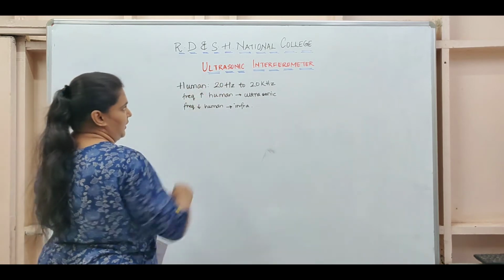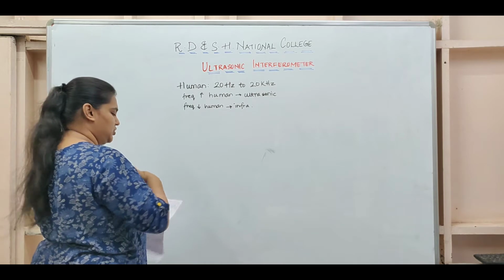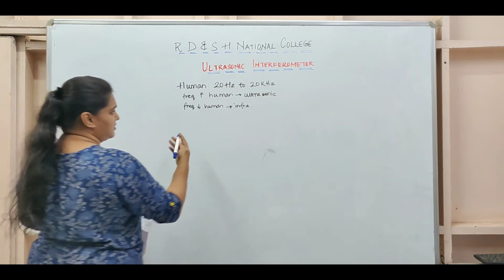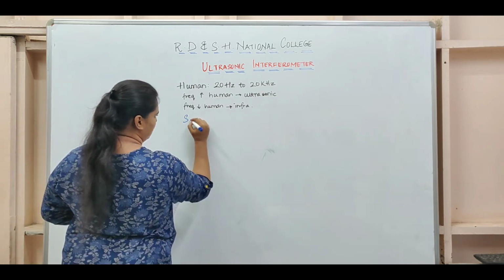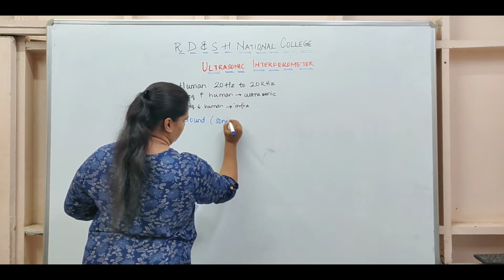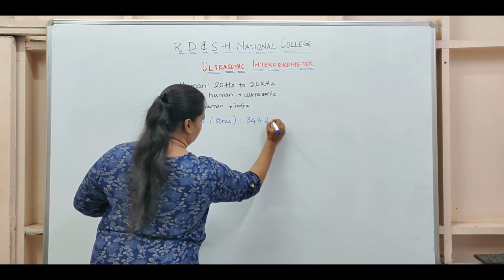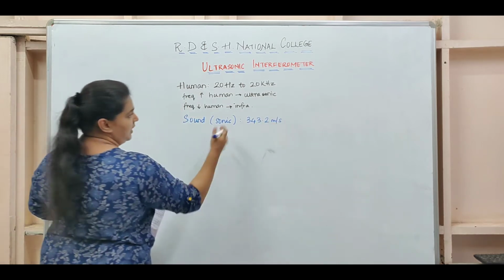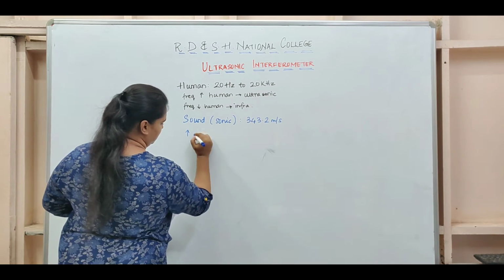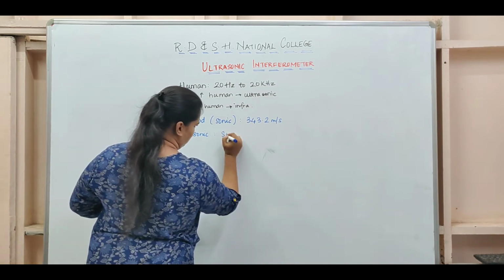Now coming to sonics. One is the sonic range, which is the normal sound wave range. The normal sonic wave speed, as we know, is about 343.2 meters per second. Anything above the normal sonic range is called supersonic.